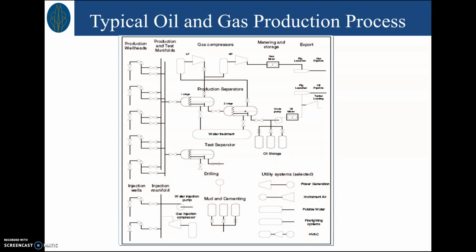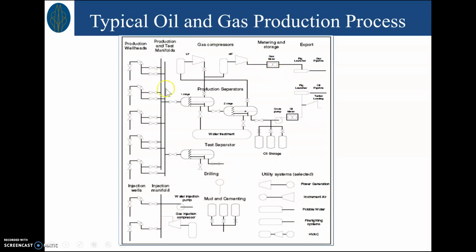Maybe we need heated treatment facilities, and the final treated oil will be directed to the oil storage system, oil storage tanks, and then it can be directed using pumps into a pipeline for export or to refineries.